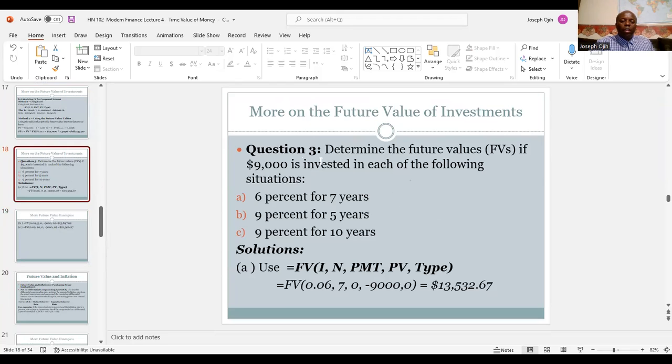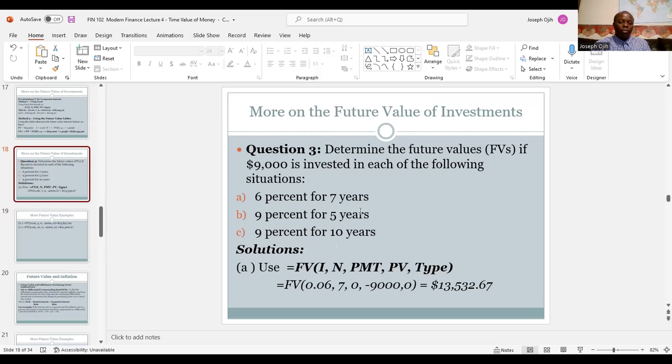It says, determine the future values if $9,000 is invested in each of the following situations: at 6% for 7 years, 9% for 5 years, and then 9% for 10 years. So let us do the first one. We are going to use Excel.